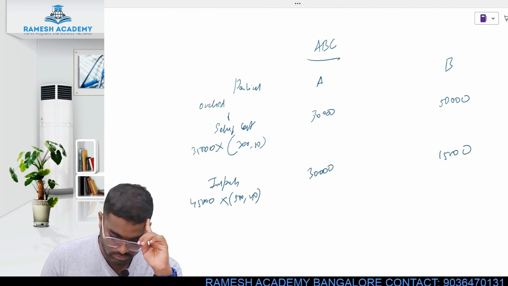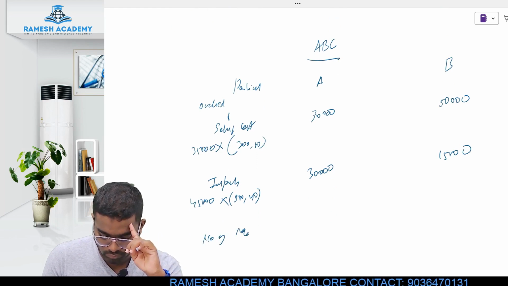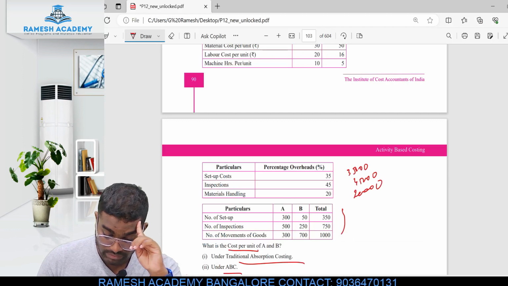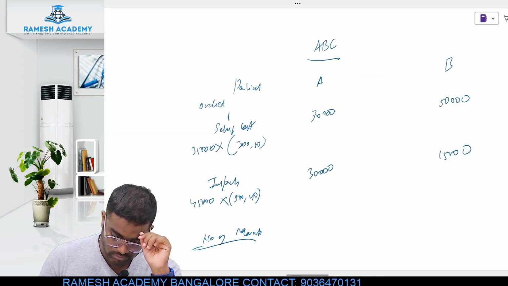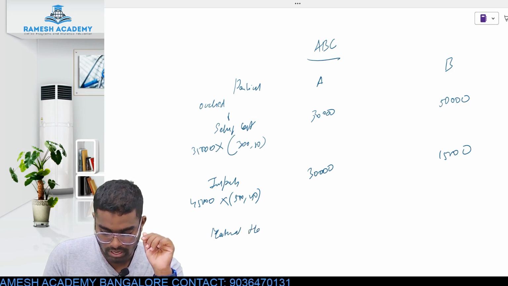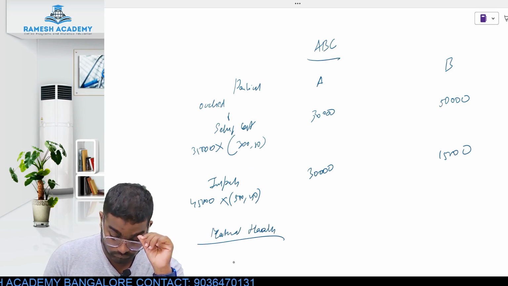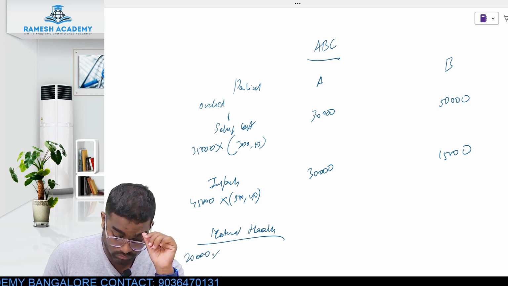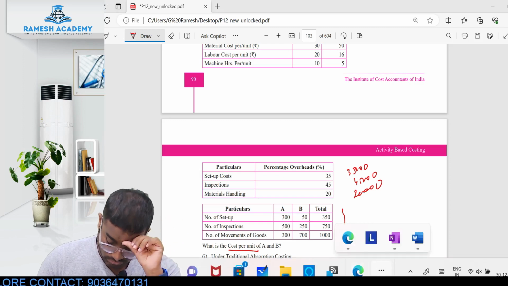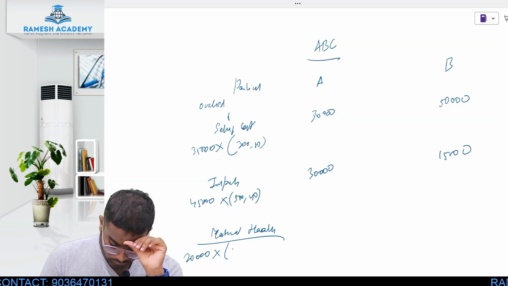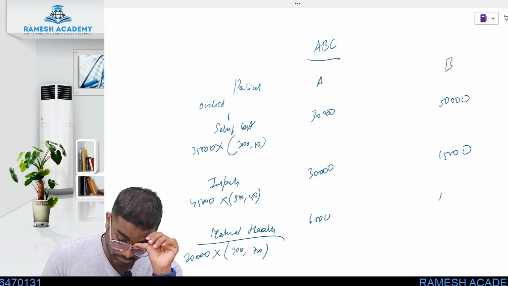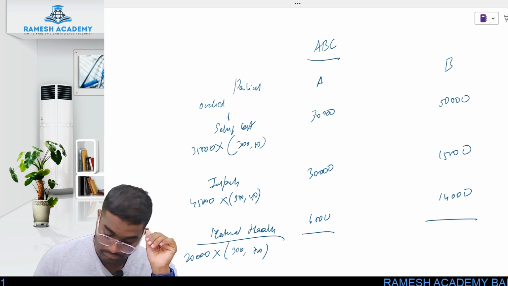Okay, inspection, number of movements. What was this? Material handling is 20%, 20,000 into what is the ratio? 300 and 700. 300, 700 means 6,000, 14,000. Add it up.